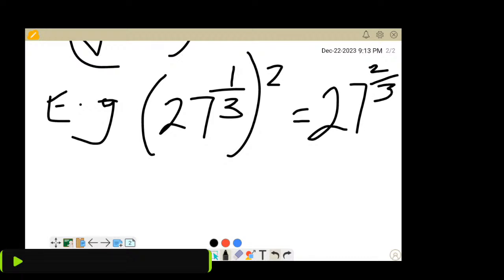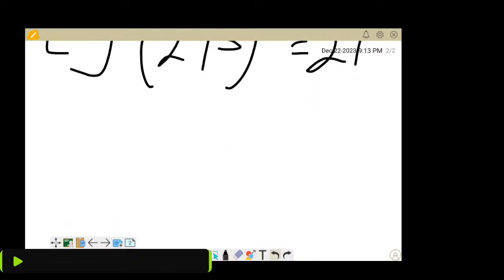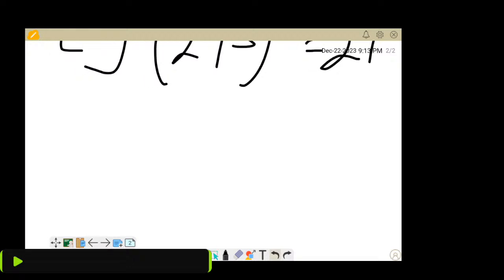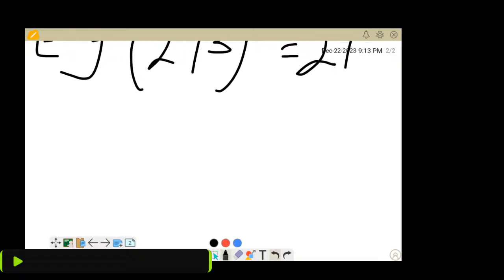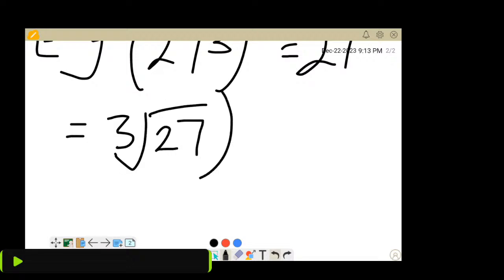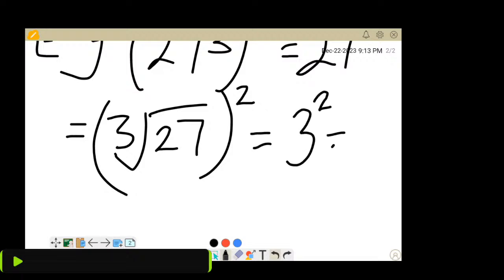And you know that using the law, we all know that the cube root of 27 is 3, so we are going to end up having 3 squared, and that will be 9.